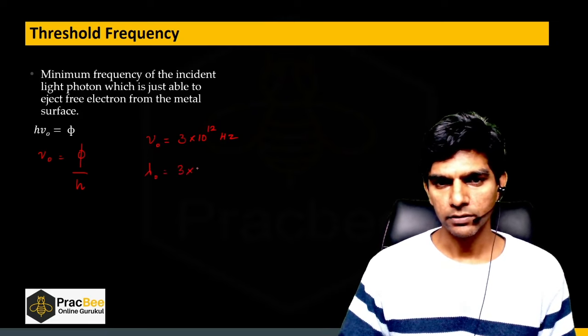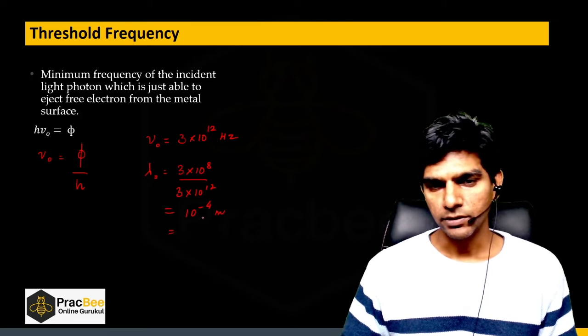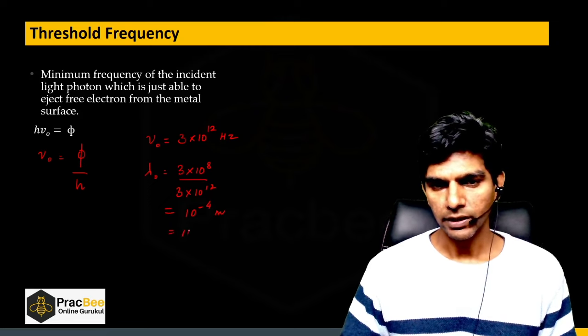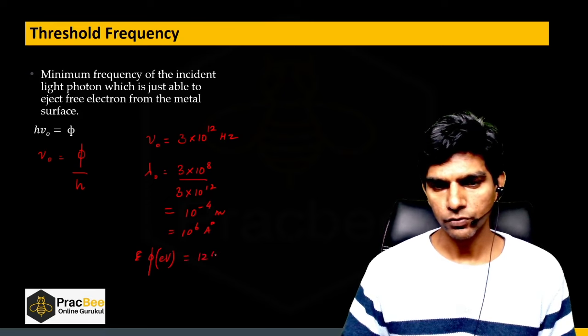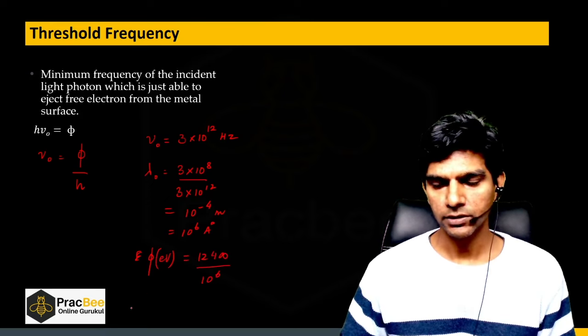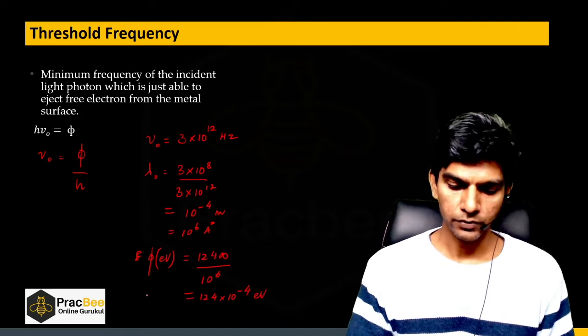It will be 3 into 10 raised to power 8 divided by 3 into 10 raised to power 12, which comes out to be 10 raised to power minus 4 meters. Converting this into angstrom, it is 10 raised to power 6 angstrom. So the work function in electron volt will be 12400 divided by 10 raised to power 6, which comes out to be 124 into 10 raised to power minus 4 electron volt. Like this we can calculate the work function.